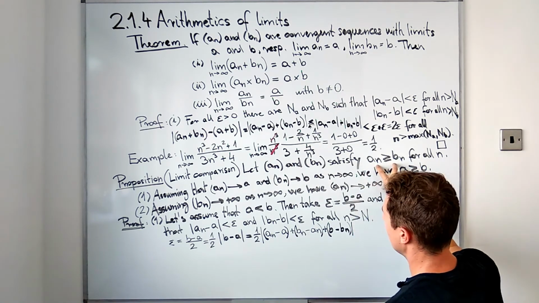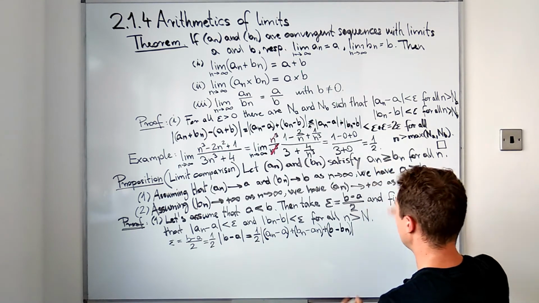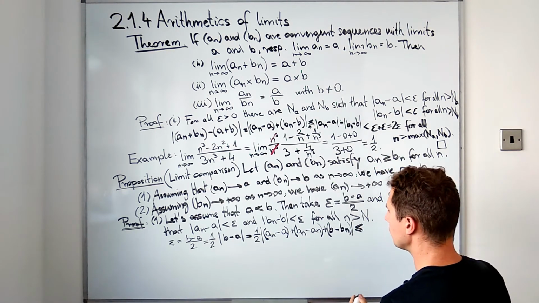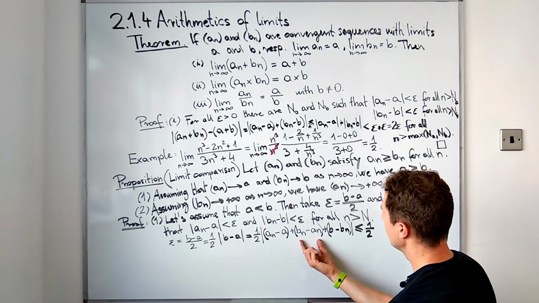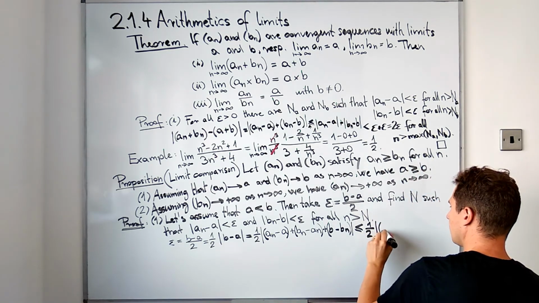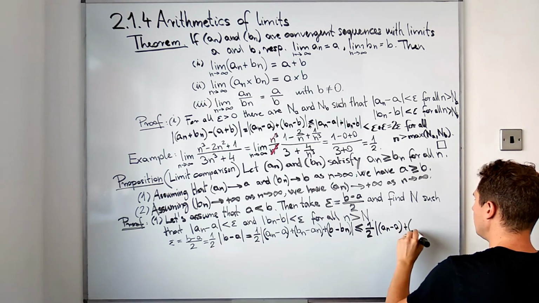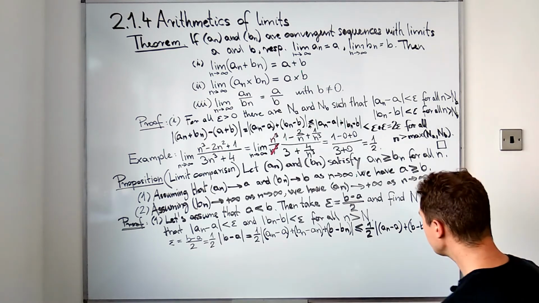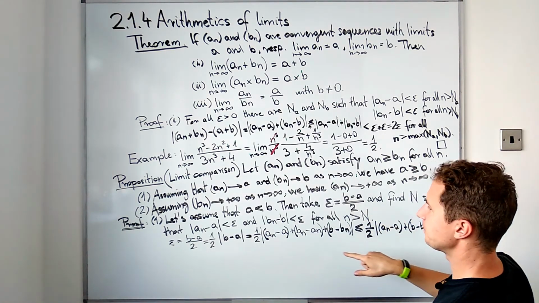Okay, so what I can do is I can right away get a number that is greater than or equal to this previous number if I just forget about the middle term and get An minus A plus B minus Bn in absolute value halved, and then I can apply now these inequalities.